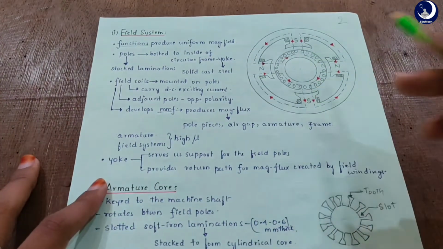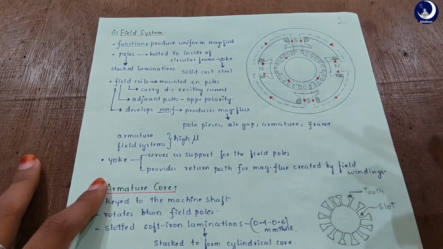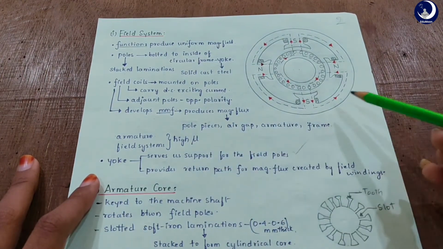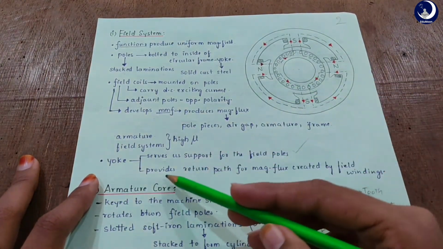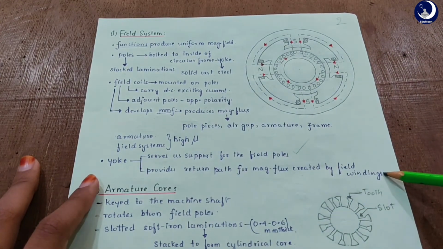Okay. Now this yoke has two functions. We know that it serves as a support for the field poles, right? And then it provides a return path for the magnetic flux created by the field windings.